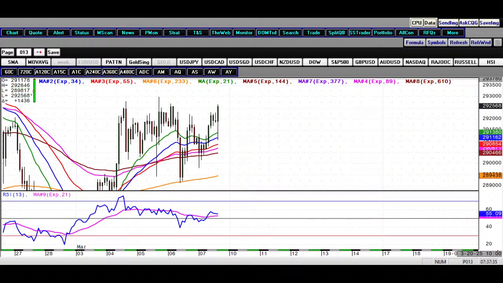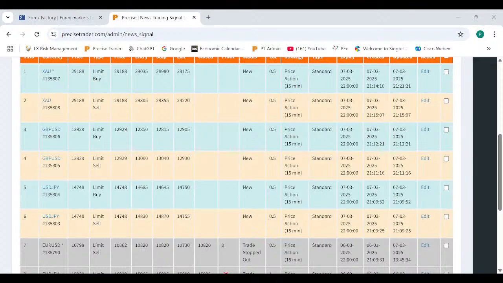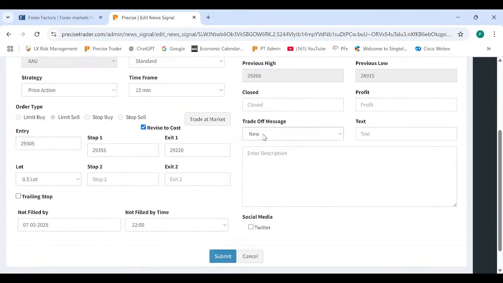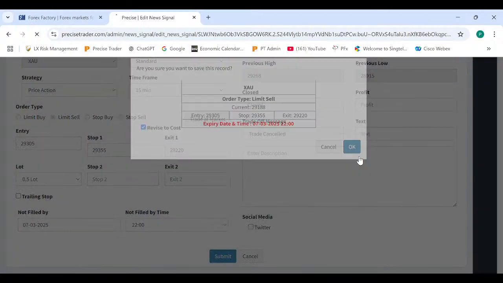Then what we will do, the selling order at 30, we will cancel it, because this might break the high. Sorry, cancel.